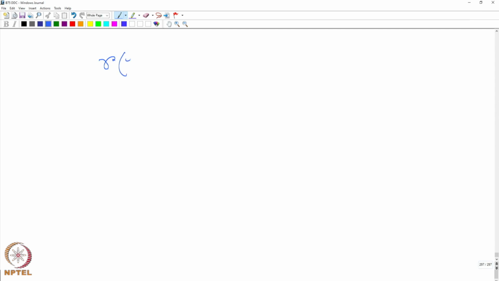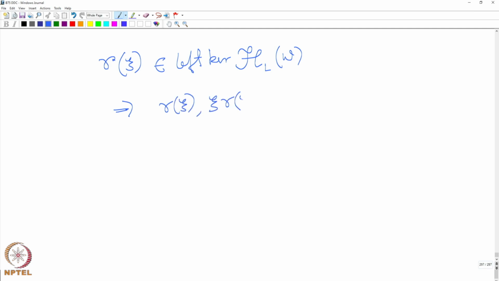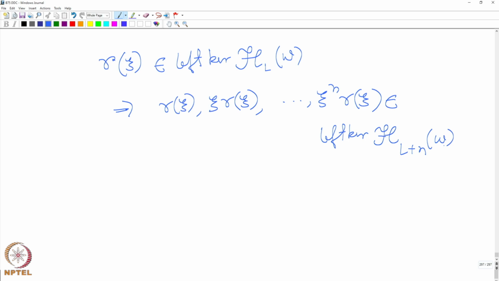Let me rewrite this properly because I made a mess of it. R xi in the left kernel of H_L(W) implies R xi, xi R xi, up to xi to the n R xi, all of them will be in the left kernel of H_{L+n}(W).